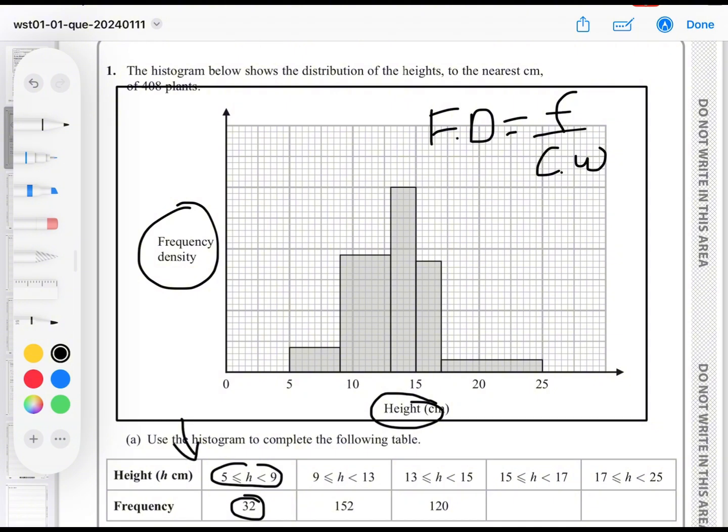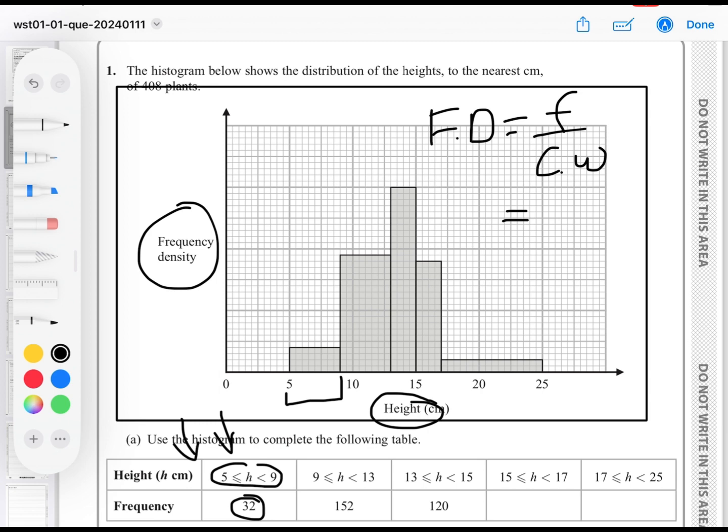If we look at 5 till 9, what will be the height for the frequency density? Well, the scale on the y-axis is not given here. So from the given data we will try to work out what kind of scale is on the y-axis.